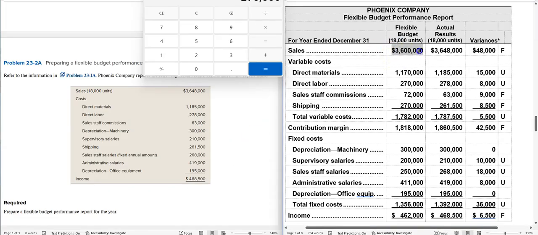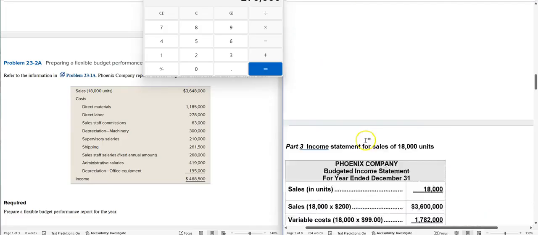Budgeted revenues less variable cost for 18,000 units leaves me with a contribution margin of 1.818 million. I need to subtract out my budgeted fixed cost.